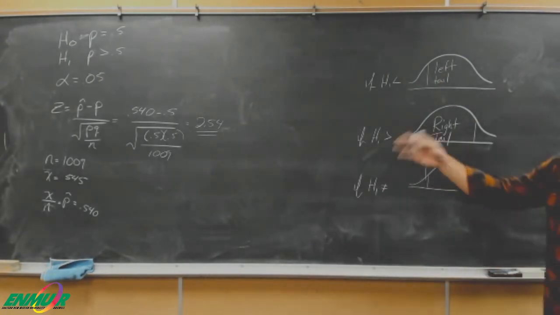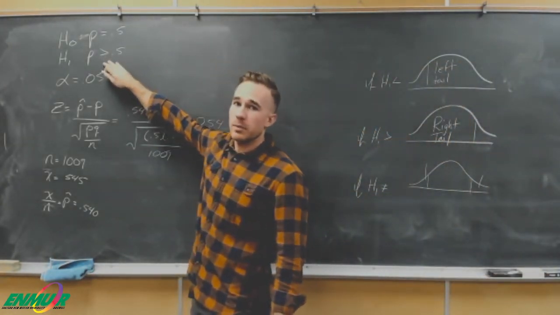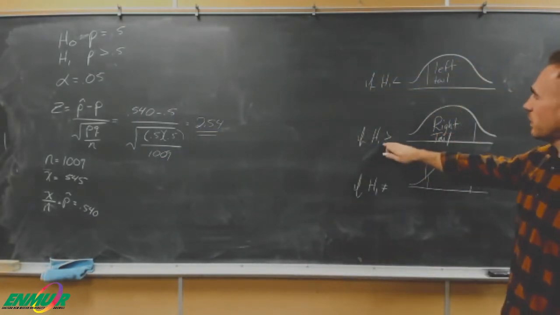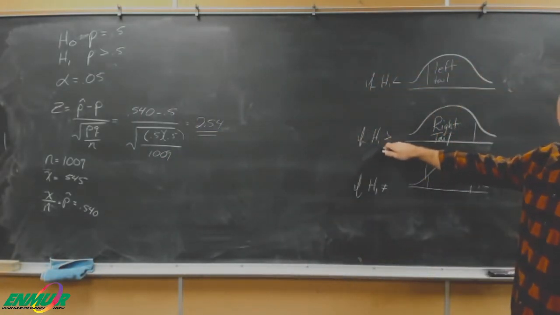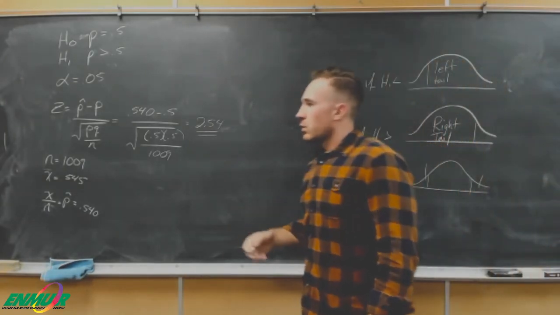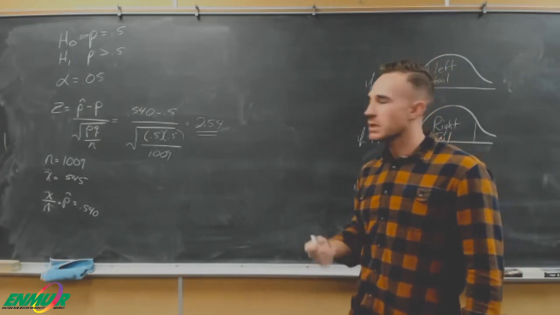Now for ours, what we can look at is this phrase right here. I've got p is greater than 0.5. That is going to fall into a right tail test, which should kind of make sense.